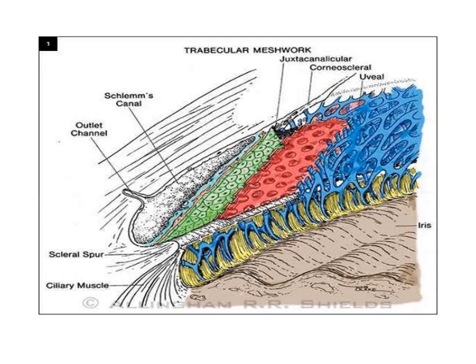That is the corneoscleral meshwork. That is between the sclera and the cornea. And above that we have a very small area which is bridging and covering this trabecular meshwork area, that is the juxtacanalicular meshwork. So uveal meshwork, corneoscleral meshwork, juxtacanalicular meshwork. These three form the proper trabecular meshwork.